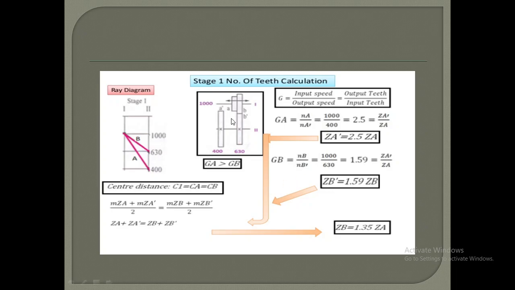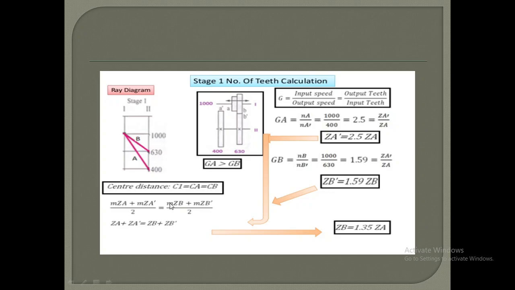Then this B and B dash is again the number of teeth on the second gear pair. And A dash is again the number of teeth on the first gear pair, because this A is engaged with the A dash and B is engaged with the B dash.